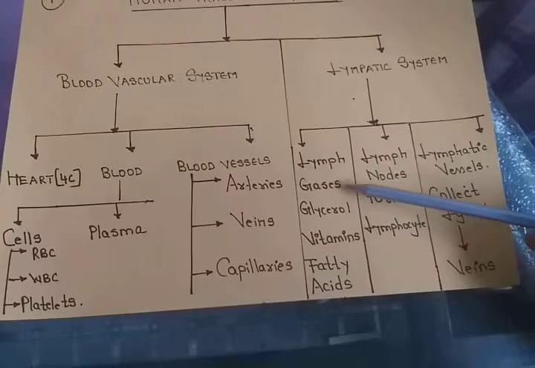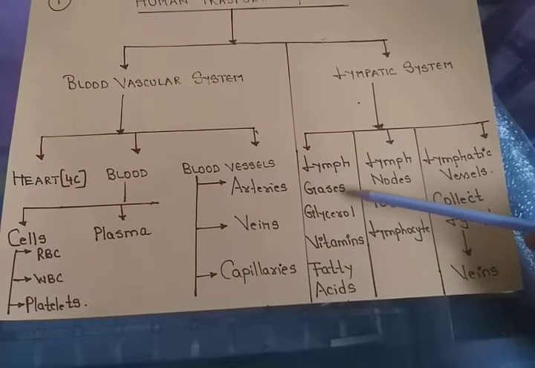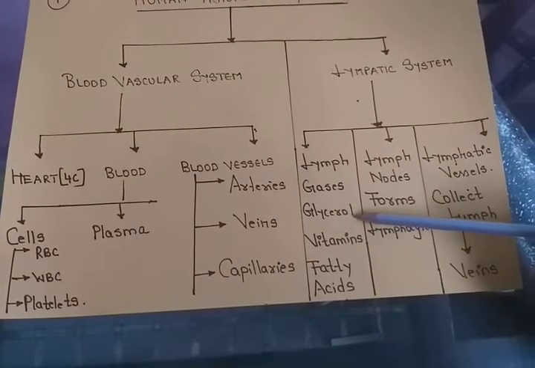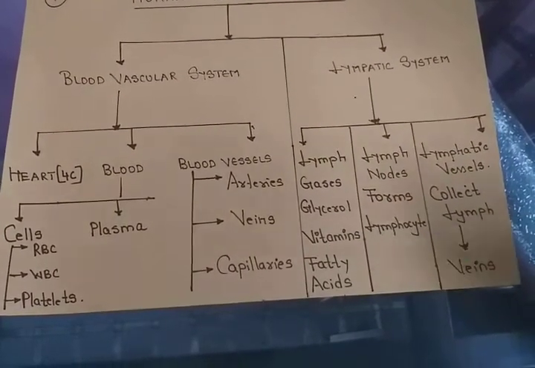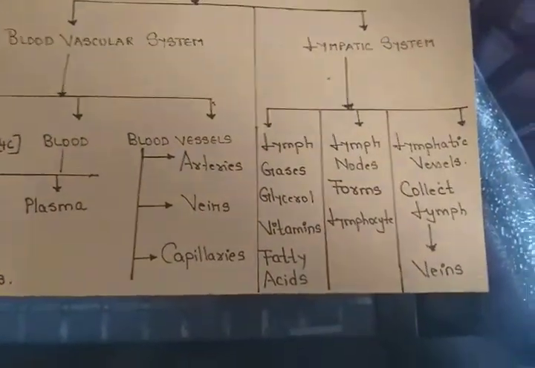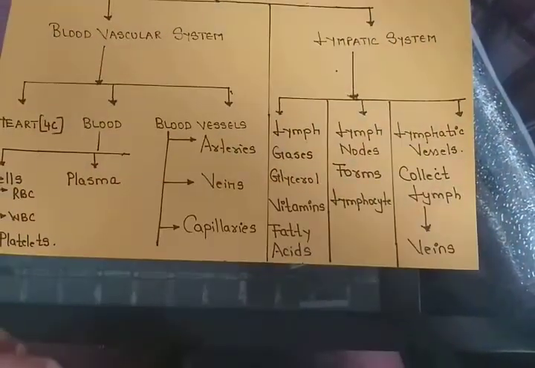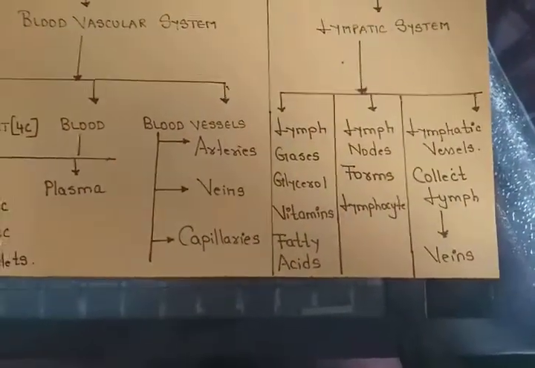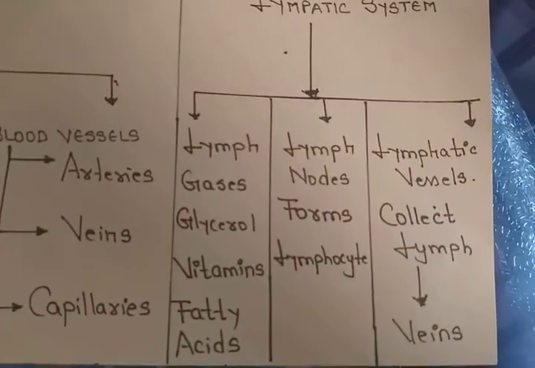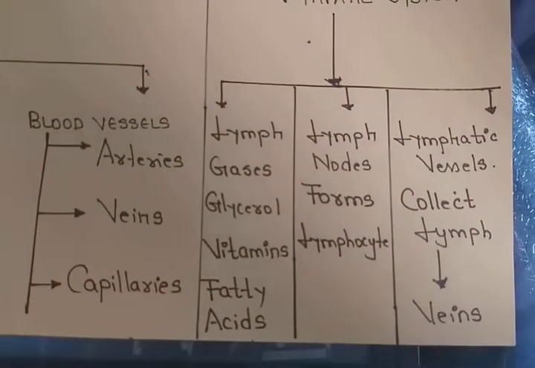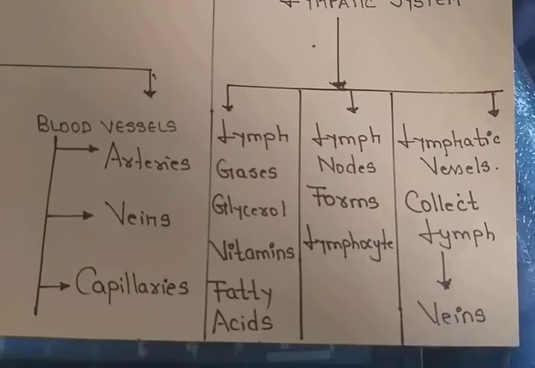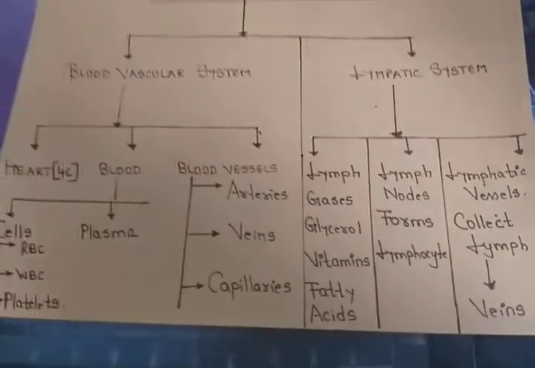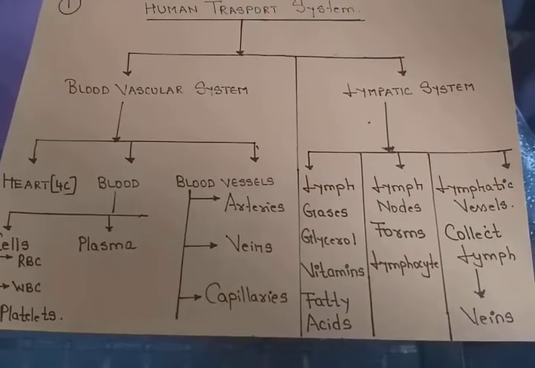Okay, so the lymph has an ability to transport gases. It has an ability to transport glycerol, vitamins, and fatty acids. Now, lymph nodes are the specialized structures which are responsible for the formation of specialized cells of lymph, that are called lymphocytes.